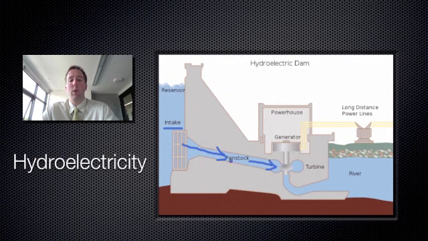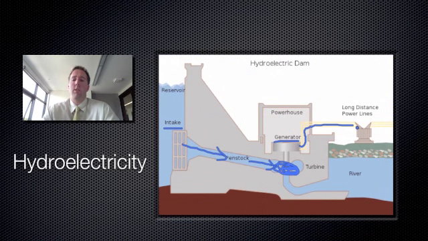And when it flows down, it creates a bit of speed, and the flowing water spins this turbine. And when the water spins the turbine, it powers a generator, and that electricity generator then spits out electricity, and the electricity goes to houses or wherever the electricity is used.